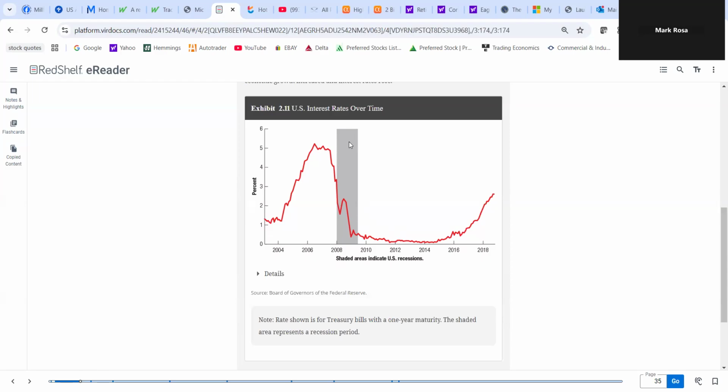Here's the recession line, this grayed-in area, and we're seeing it hit a little bit of a blip right in here, but we're seeing what happens when a recession comes in. Interest rates are falling, so let's make sure we understand that as well. Interest rates are falling because the economy is getting weaker. Interest rates tend to be rising when the economy is getting stronger. And when the economy is getting stronger, what does that mean?